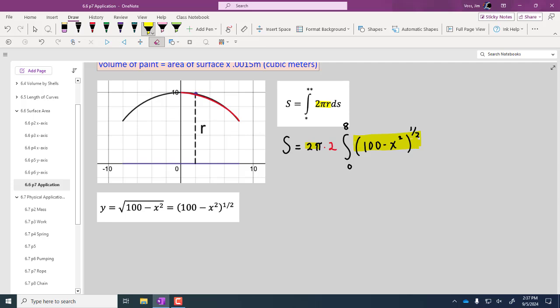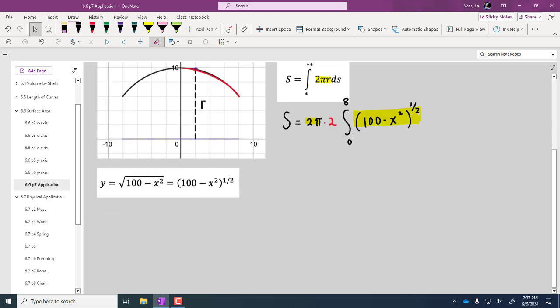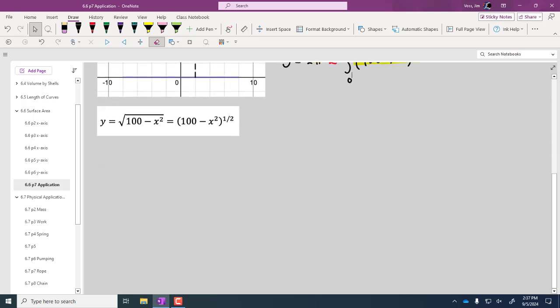For ds, we do the square root of 1 plus the derivative squared. Same thing we've been doing. Well, we need the derivative then, so let's come over here and find y prime before we do any more over there. It's easiest to differentiate right here. Pop the half down, subtract 1 from the exponent, and then multiply by the derivative of the base.